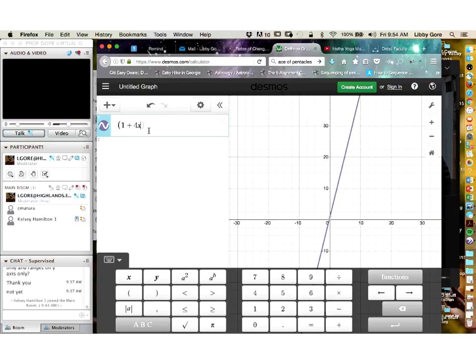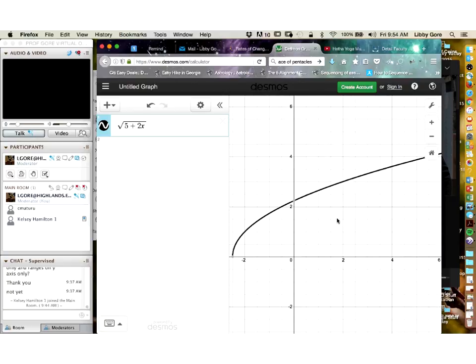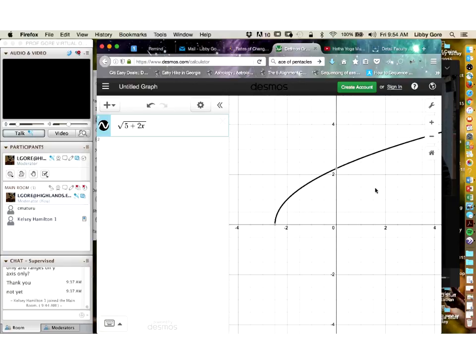I'm actually going to zoom in so you can see that where that is stopping is right at -2.5.